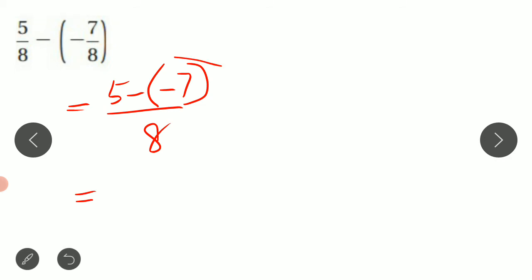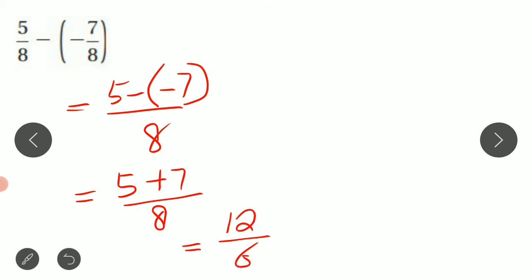So now let's simplify the numerators. Let's open the bracket: 5 minus into minus is plus 7 by 8, and further this is direct addition, 12 by 8. This is not in simplest form because both have a common factor. The highest common factor is 4.